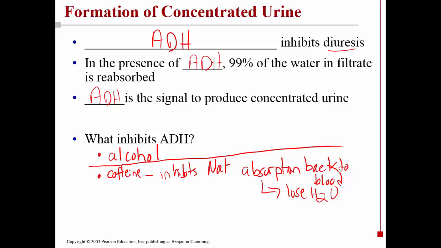One thing I'll mention here is that in diabetes, there is excess glucose in the blood. But eventually that glucose starts showing up in the urine. And when that happens, you have something called glycosuria. Once you have glucose in the urine, water follows, and you start losing a lot of water.